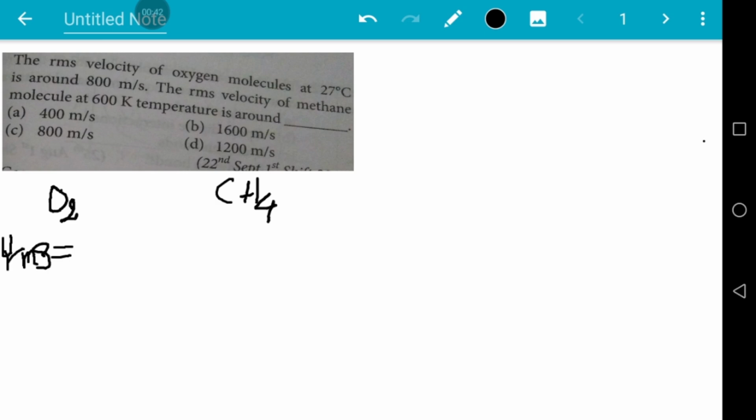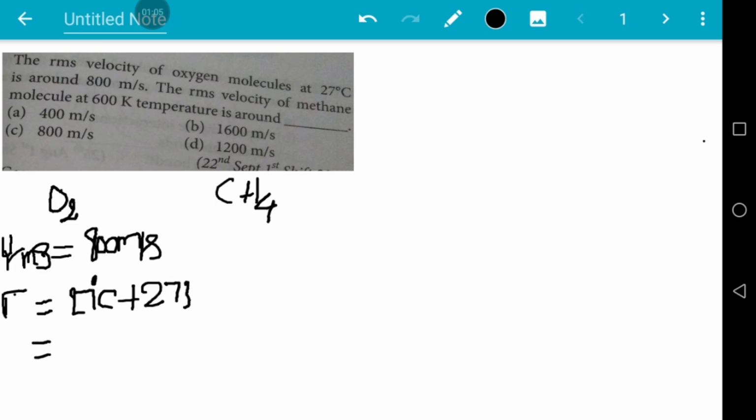Now RMS velocity we represent by URMS. The RMS velocity of oxygen given is 800 meters per second. Next, the oxygen temperature is also given: temperature equal to 27 degrees Celsius. This is converted into Kelvin, so you have to add 273, then you will get 300 Kelvin.